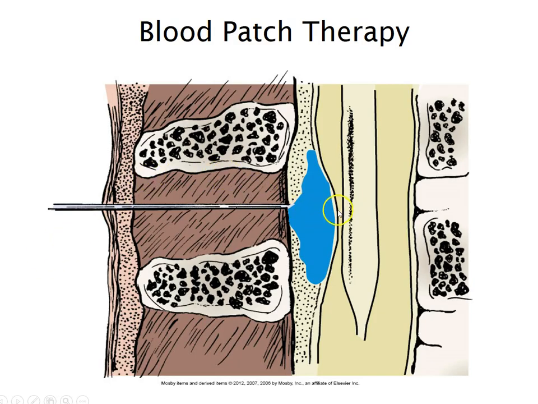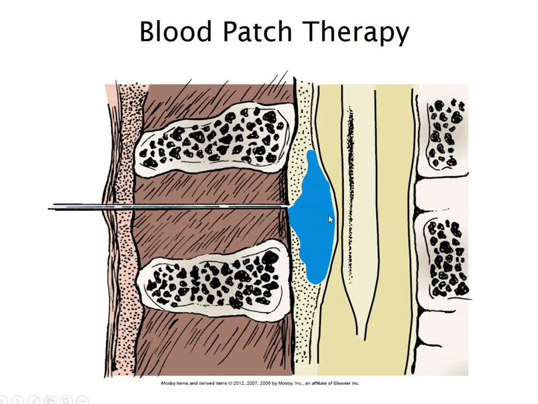So what they do, let's say this is where they injected the spinal anesthetic. So this is where the puncture is in this membrane, and it's open and it's allowing fluid to leak out. So what they're going to do is they're going to have a syringe of actual blood, and they're going to go into the same place between the same two vertebrae that they gave the spinal anesthetic, and they're going to inject an amount of blood.